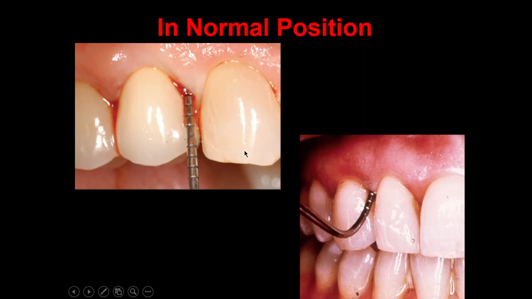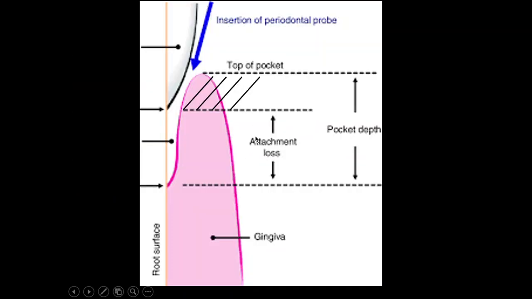But when we have an abnormal position, for example, this is the tooth and this is the gingiva and this is the insertion of the periodontal probe. When we insert the periodontal probe from the gingival margin to the base of the pocket, it is the pocket depth. And here is the CEJ.